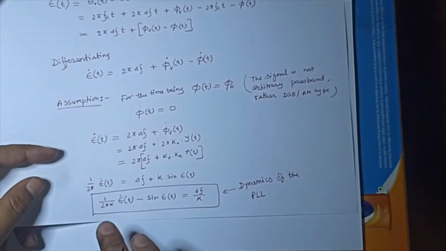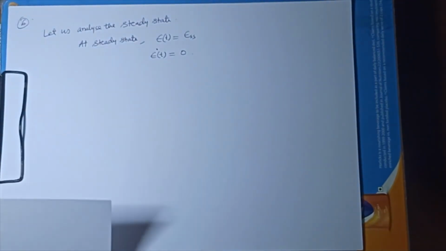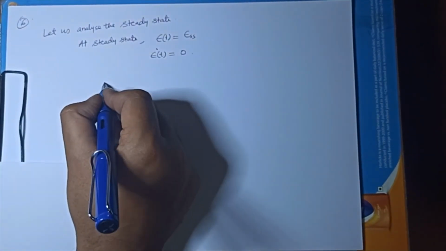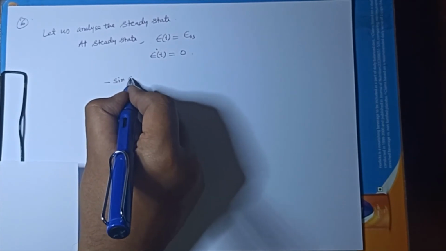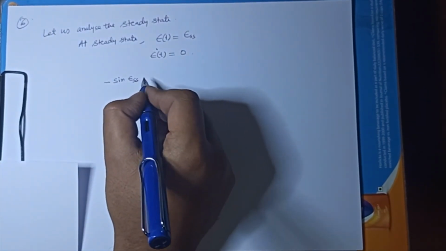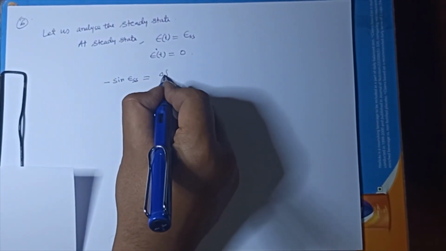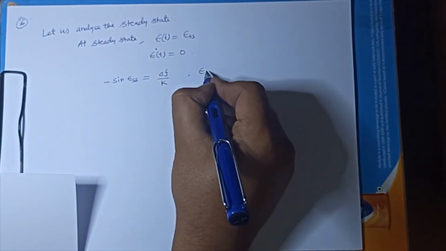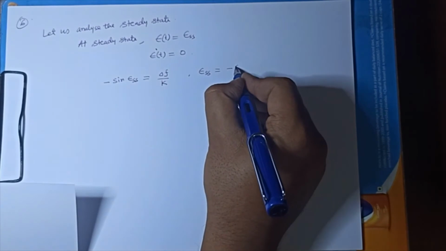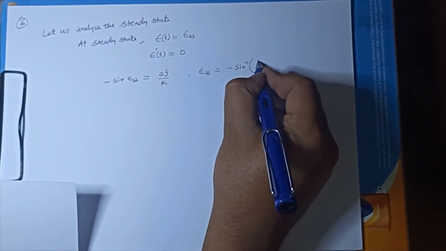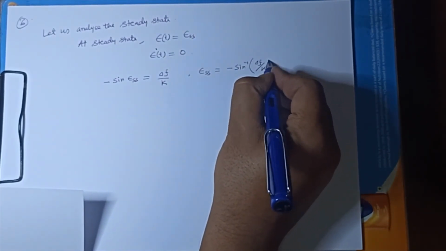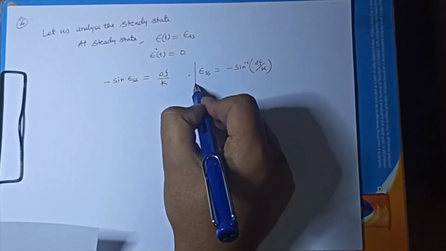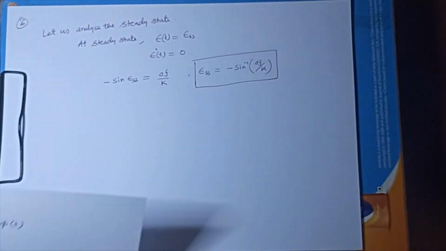So put that here. Then you will get minus sine epsilon ss is equal to delta f by K, or epsilon ss will be minus sine inverse delta f by K. So you can clearly see the phase error which is obtained from the loop.